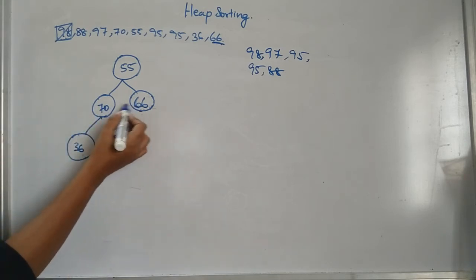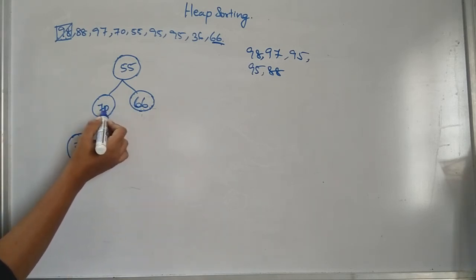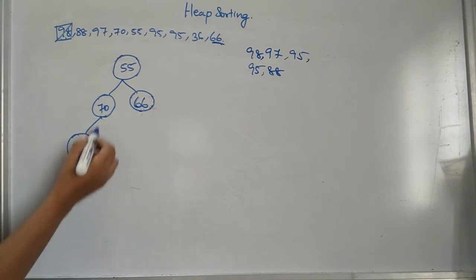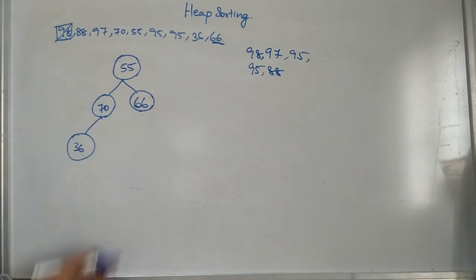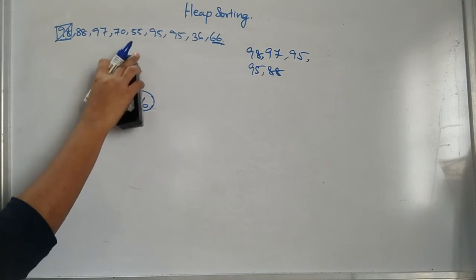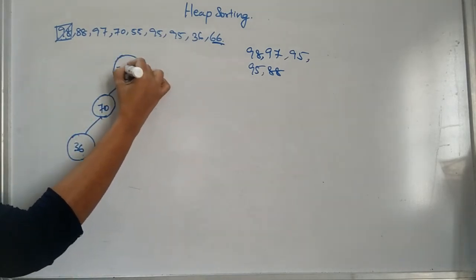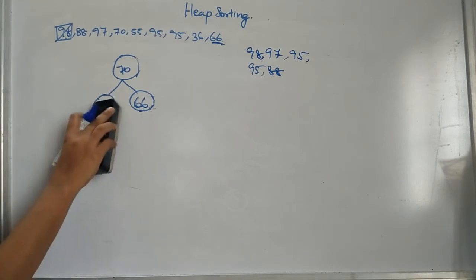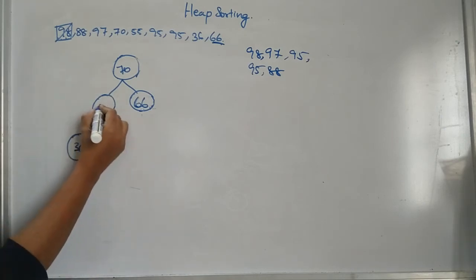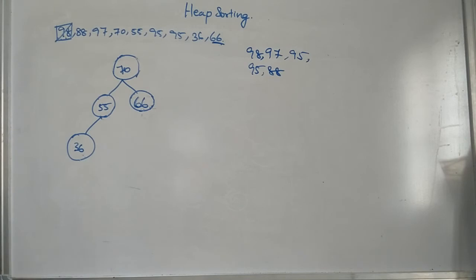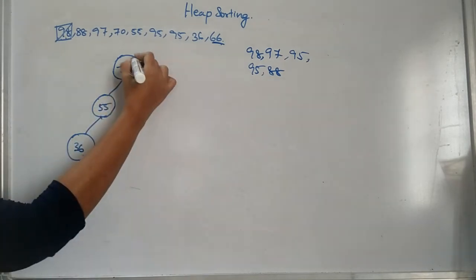So we have to trace the max of 70 and 66. The maximum value is 70, so 70 and 55 are swapped. 70 will appear here, and we can write 55 here. Now it obeys the rules of max heap.